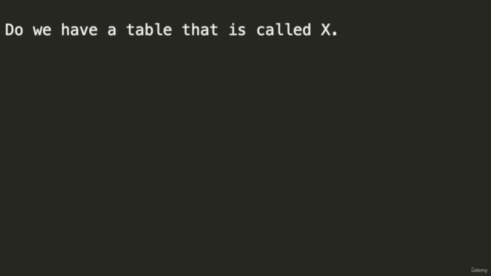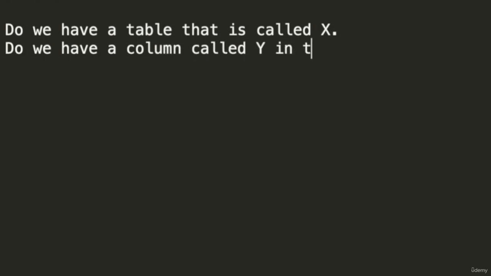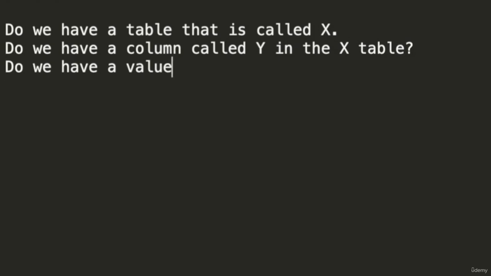And then when we find the X table, we're going to ask the question, do we have a column called Y in the X table? And then once we do that, we're going to say, do we have a value in table X?